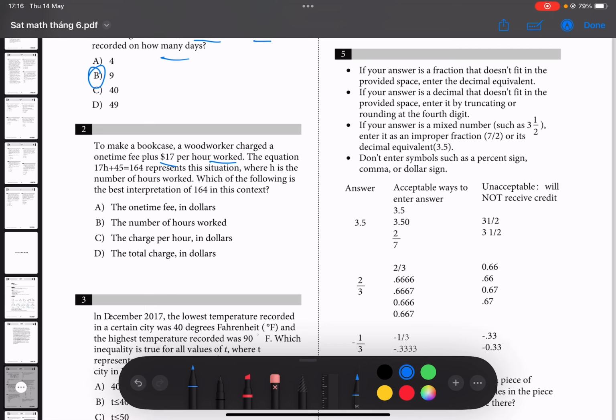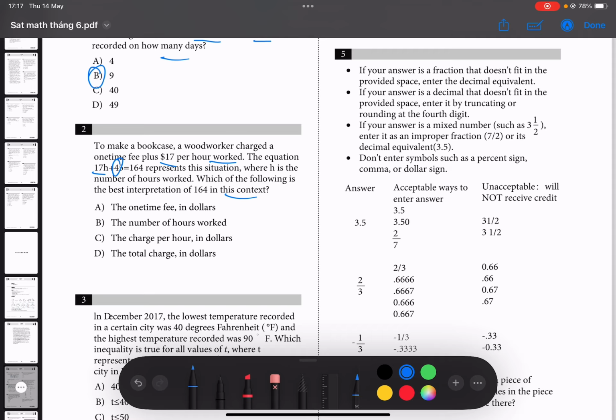Which of the following is the best interpretation of 164 in this context? 164 is the total money that the woodworker charges. 45 is the one-time fee, and 17 is the additional fee per hour of work.